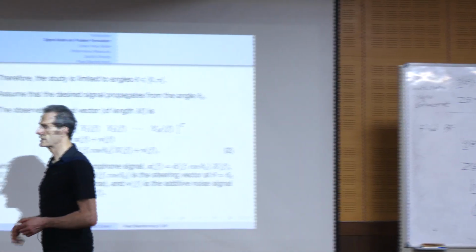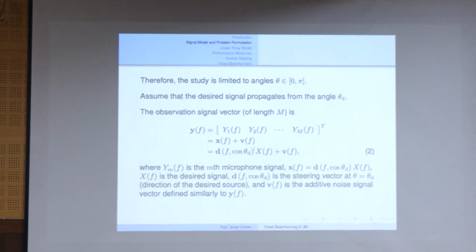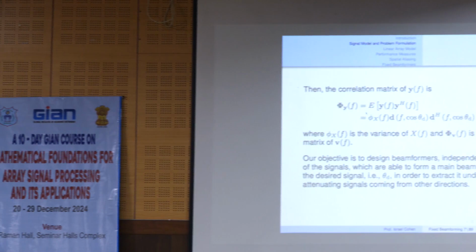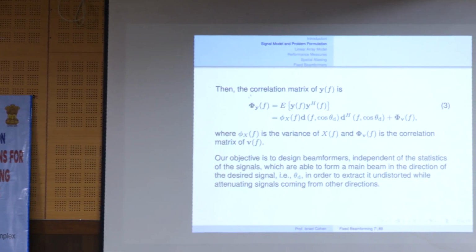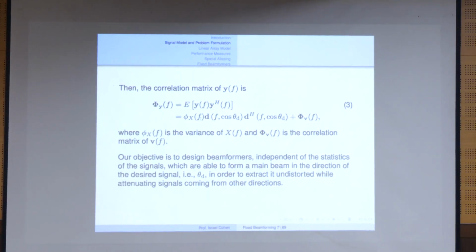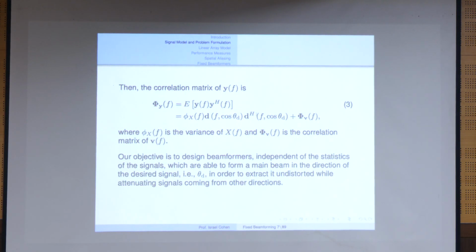Let's continue, just like we did. Let's compute the correlation matrix of y. The correlation matrix of y is the variance of x, which we don't know, times d d transpose conjugate. D we know, because we will design the beamformer so that any signal that comes from this direction will not be distorted.